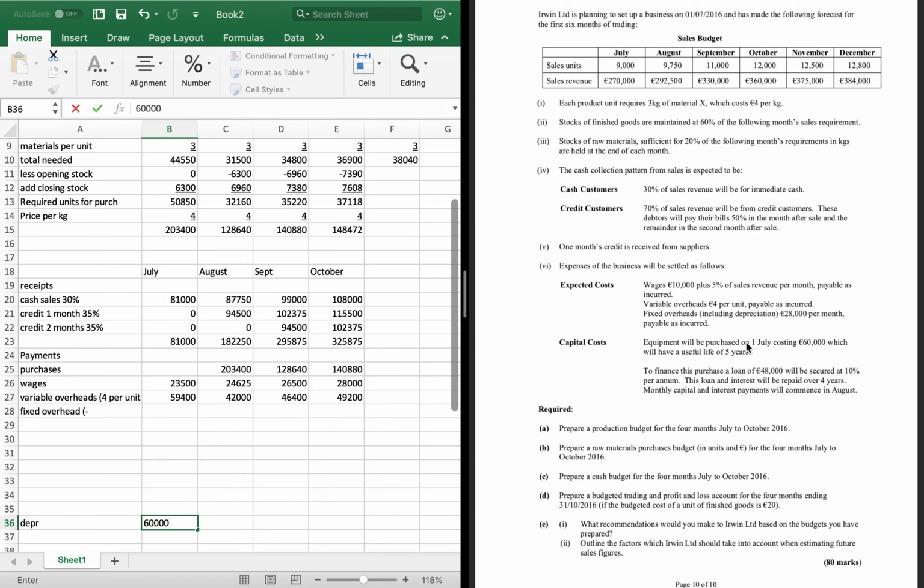If it's got a useful life of 5 years, it's going to be in effect 60 months. So if you divide it by 5, it'll get you the depreciation a year, which is 12,000, and divide that by 12, you get your depreciation a month, which is 1,000. So instead of paying a fixed amount of 28,000, we're paying a fixed amount of 27,000. We're going to take that 1,000 away. So 27,000 each month.